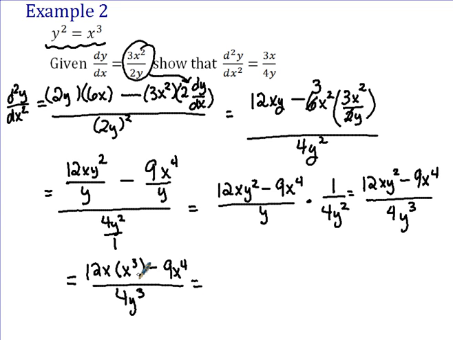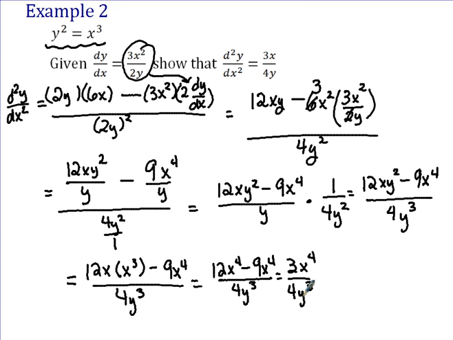So now on the top, I actually have 12x to the 4th minus 9x to the 4th over 4y cubed, which is equal to 3x to the 4th over 4y cubed. So now I'm getting closer. I've got that 3 there, which we were looking for, but I still have x to the 4th and y cubed. Well, again, we could substitute either in the numerator or the denominator. y squared equals x cubed.